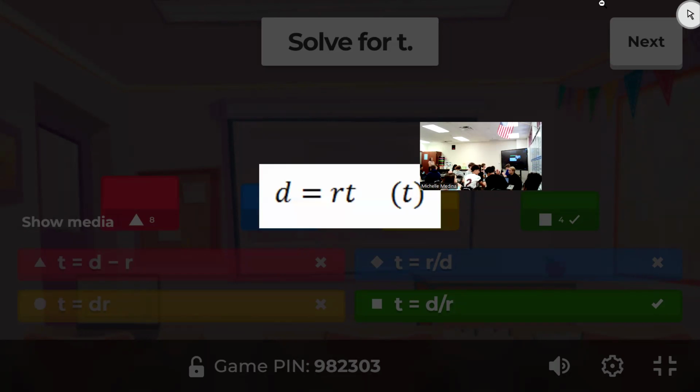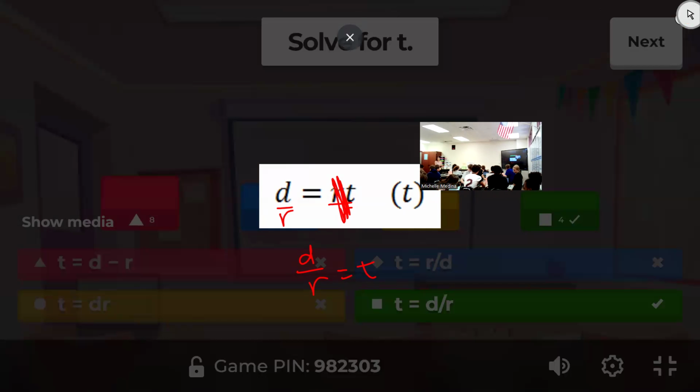See what's being done to the T. And what's opposite of multiplying by R? Whatever you do on one side of the equal sign, do on the other. And notice, you're not gonna get T is this number when there's multiple variables. You're just gonna rewrite it. So it ends up being that D divided by R is equal to T. Good, questions?